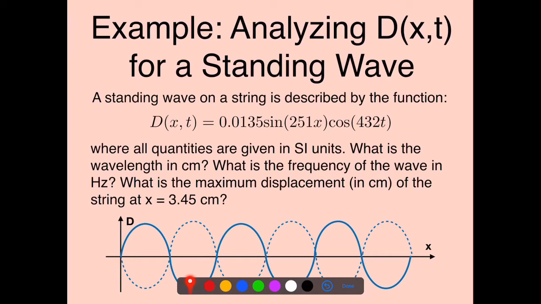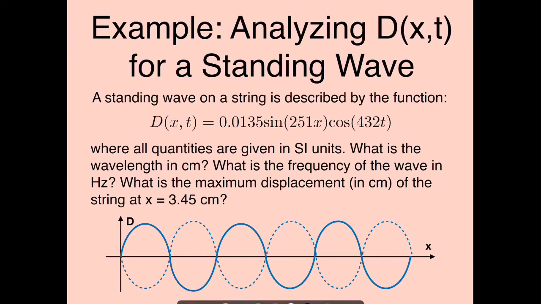All the quantities here are given in SI units. What is the wavelength in centimeters of this wave? What is the frequency of the wave in hertz? And what is the maximum displacement of the string at x equals 3.45 centimeters? So we'll work this out and see what we get.